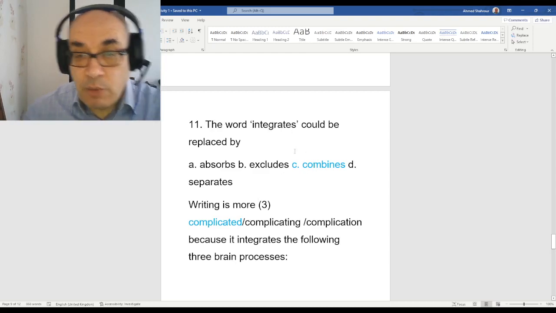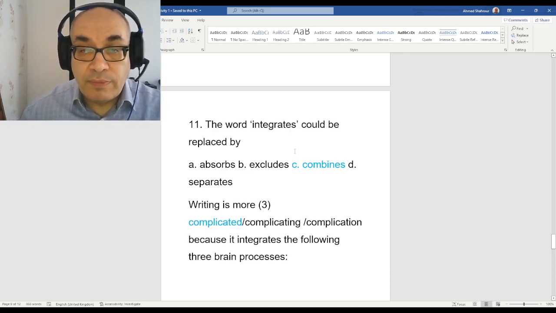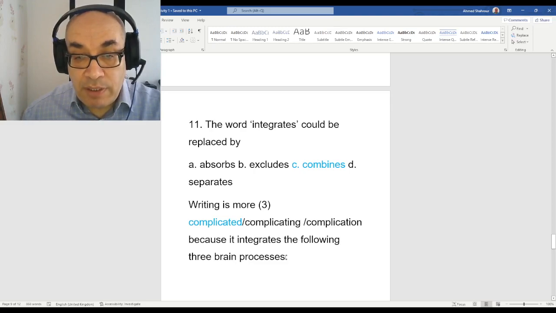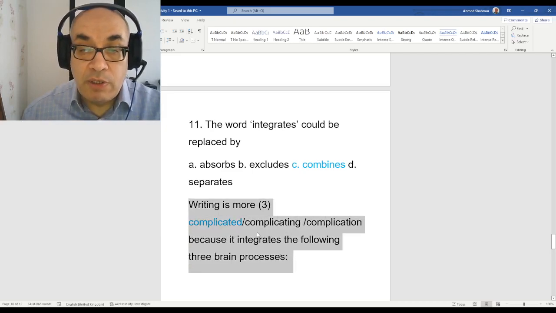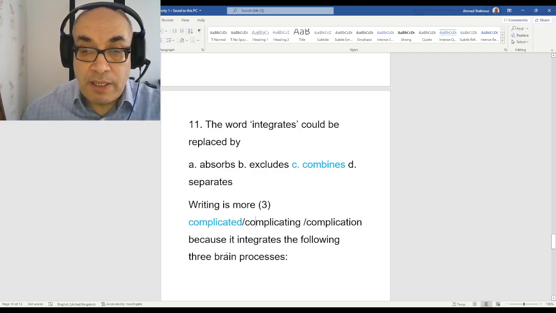When you integrate things, you combine them, you put them together. And then writing is more complicated because it integrates the following 3 brain processes. So it integrates, this is the sentence taken from the document 1, and you can see it integrates means it combines, it puts together 3 things.